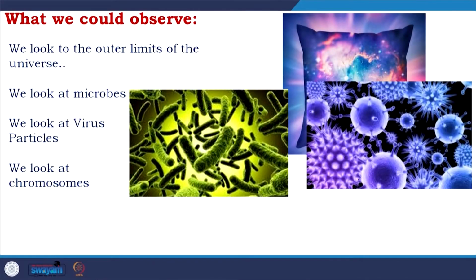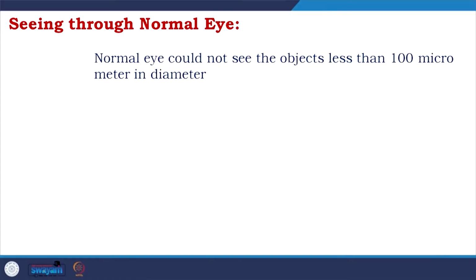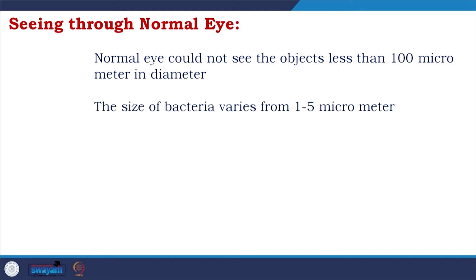We look at chromosomes, so some of them take the limits of what we could see in the normal eye. So, normal eye could not see the objects less than 100 micrometer in diameter. So, it is the limit of the normal eye.